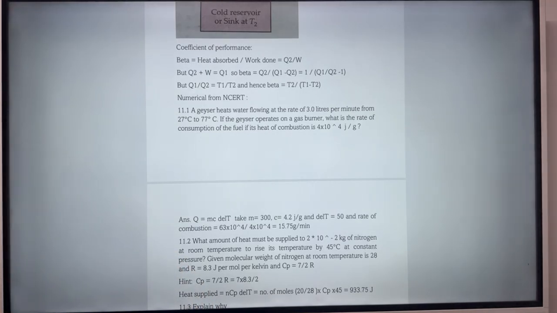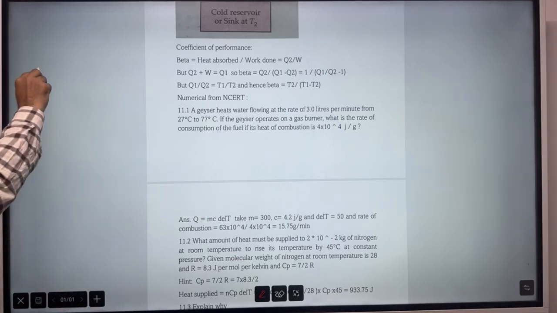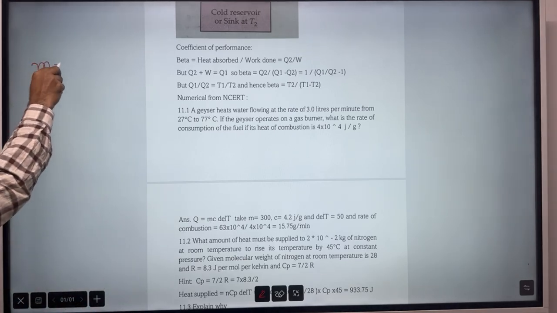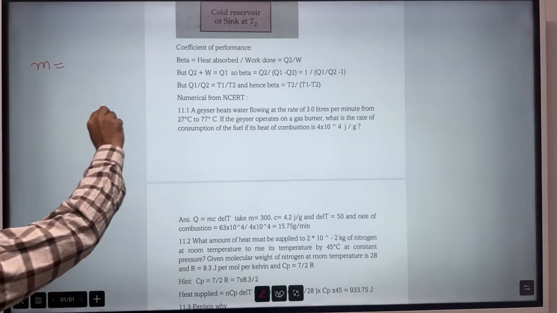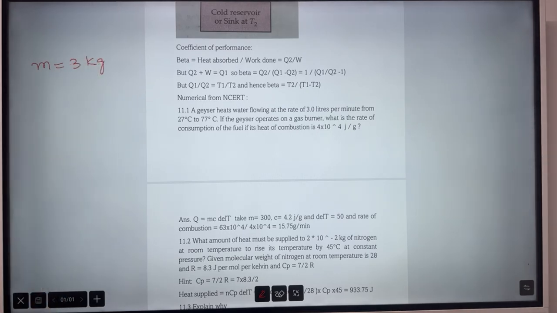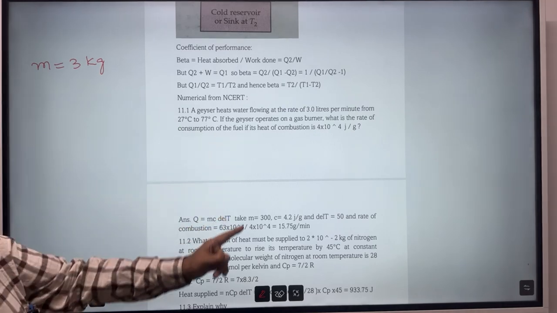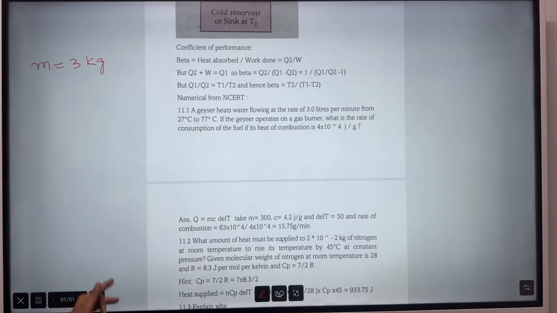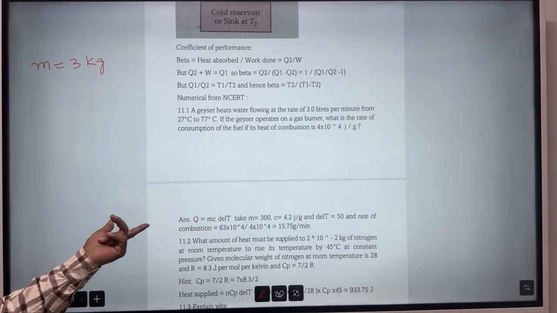As per the information here, we are given mass. What is mass? 3 liter, which is equal to 3 kg, and rate per minute, right? So our answer will also be per minute.